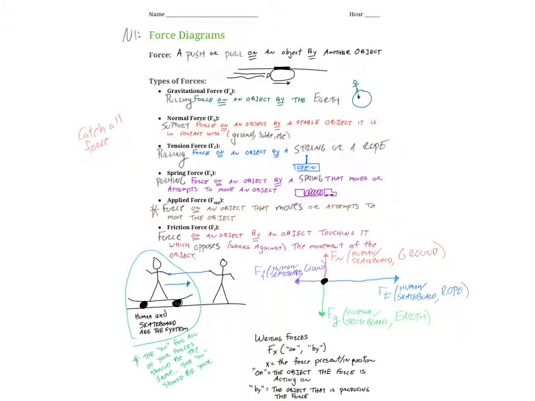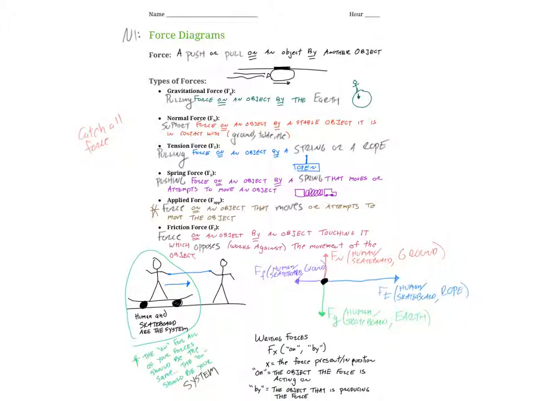So you need all of these pieces of information to help you relay or at least explain what's going on in your system. One more thing to make note of is that the on for all of your forces should always be the same, because that's what your system is, and the on should always be your system.